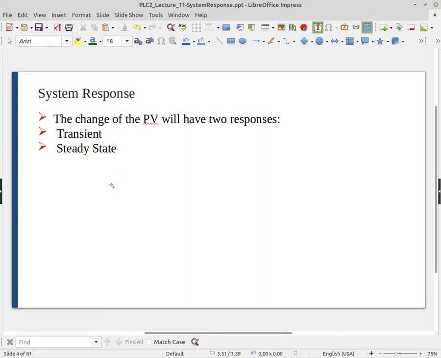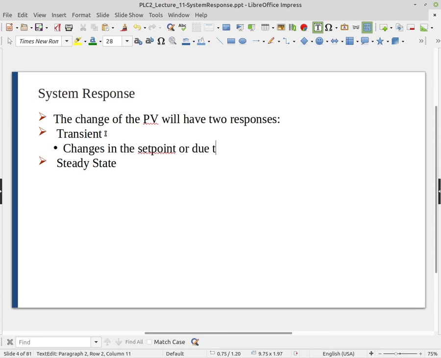Alright, so when we start talking about how the system is responding, we basically break it down into two parts. What we call the transient response, which is due to changes in the set point or disturbances. And the steady state.